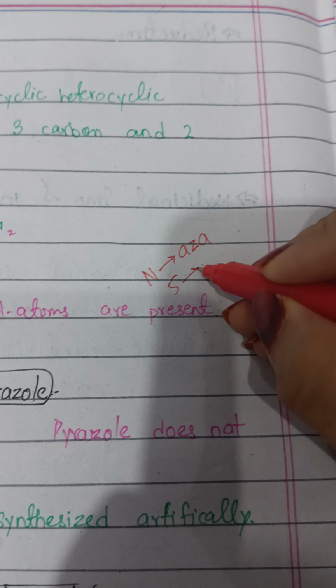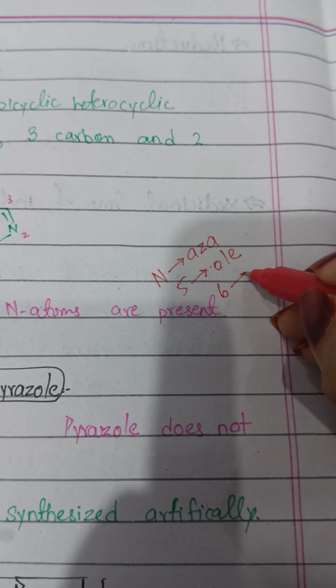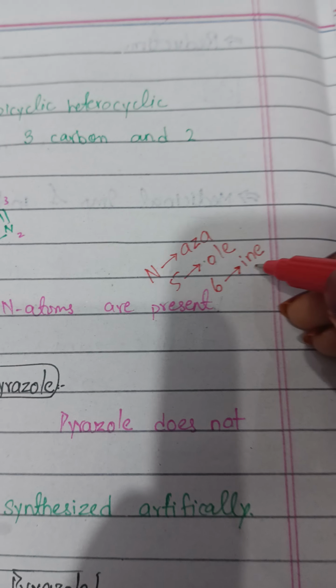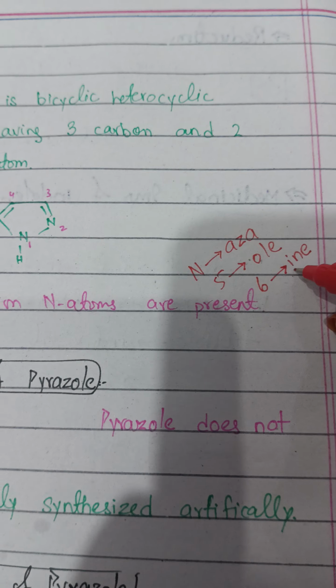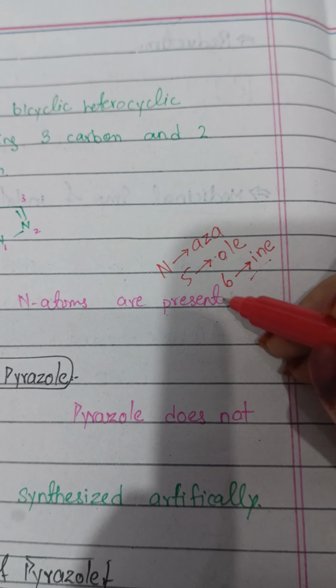We have discussed that if we have a 5-member ring, then we give it the name ending "ol", and if we have a 6-member ring, then we call it "ine". For example, pyrimidine. The last three letters of pyrimidine are "ine", so it is a 6-member ring.